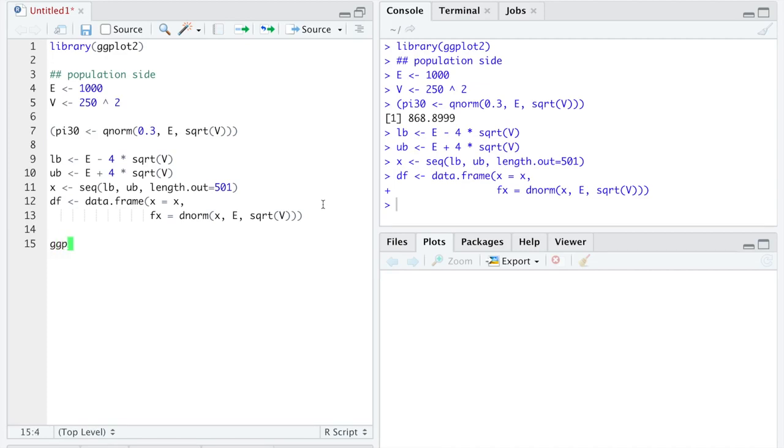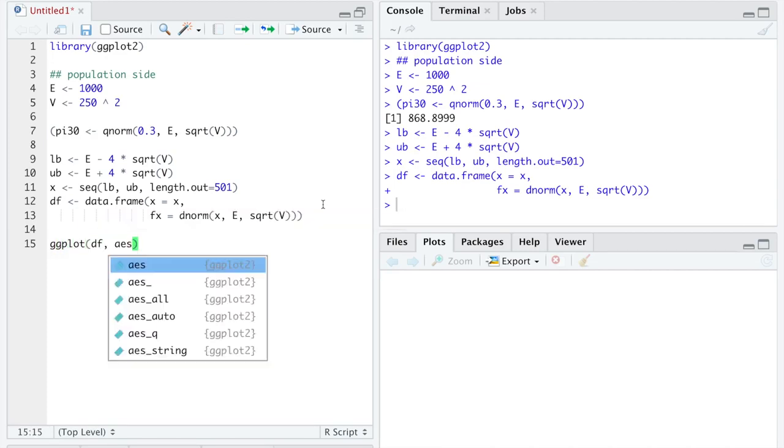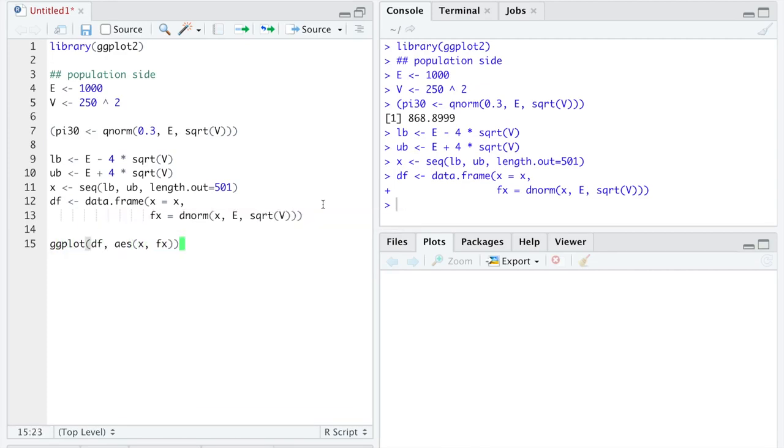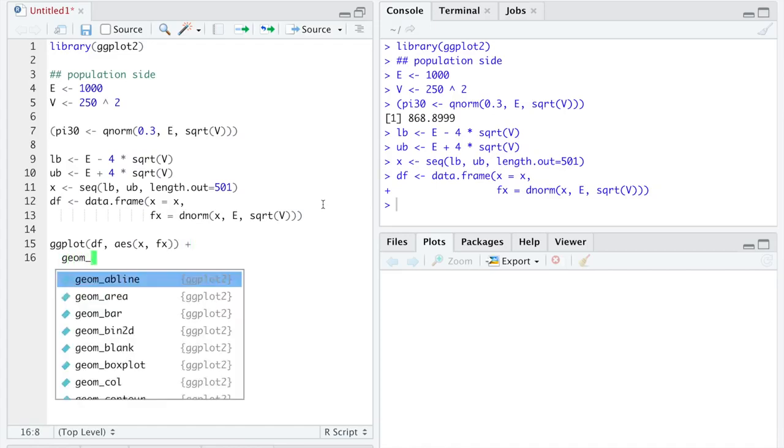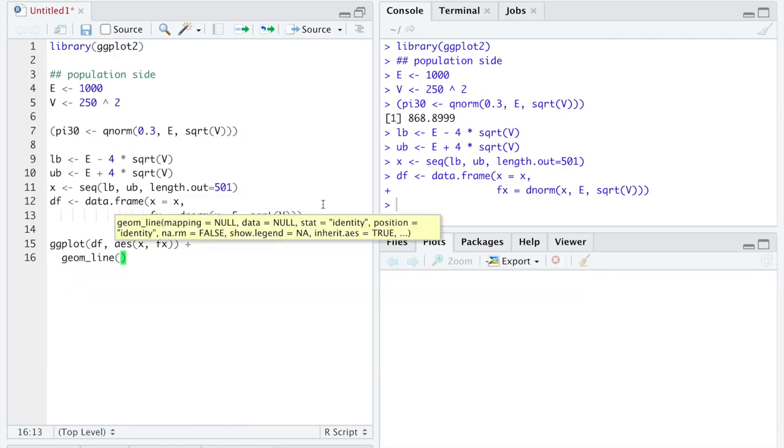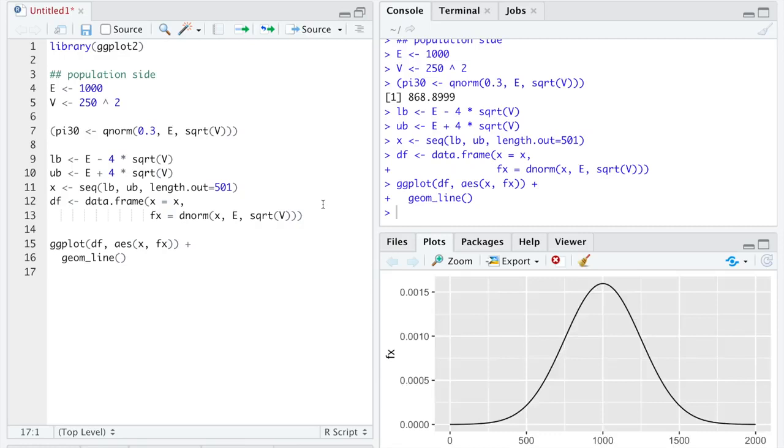Then using our function ggplot from the library ggplot2, we could draw the density function that represents the SAT scores with a mean of 1,000 and a standard deviation of 250.